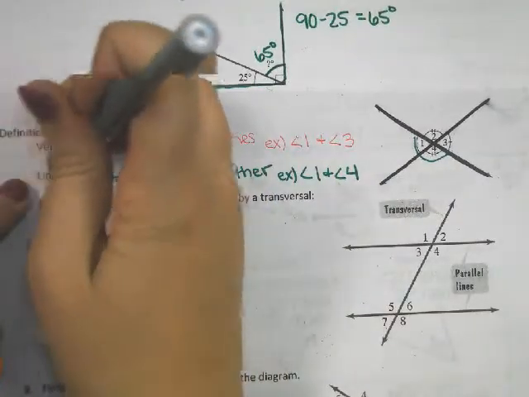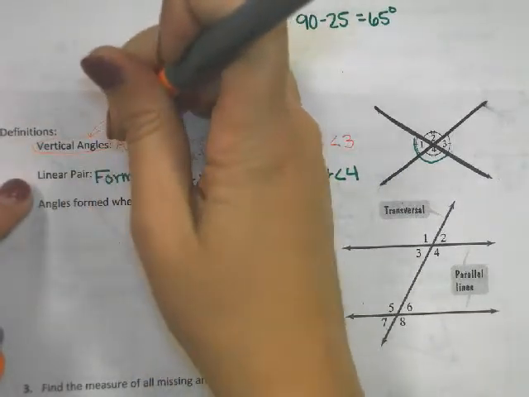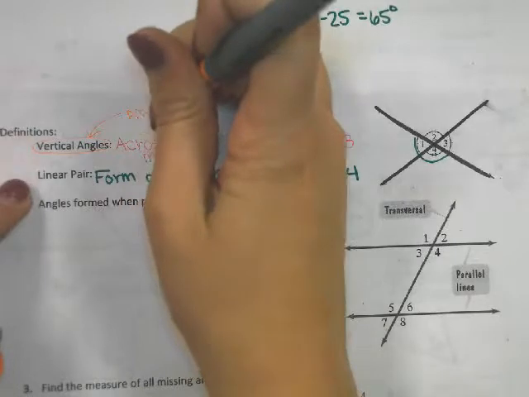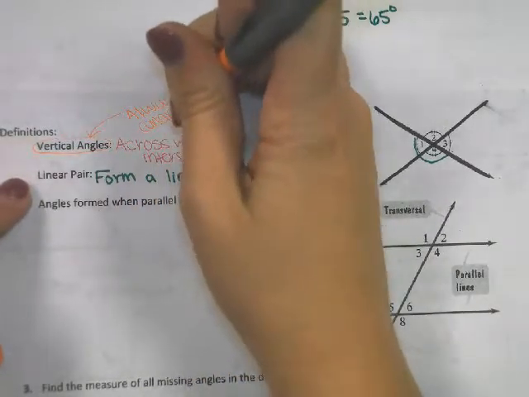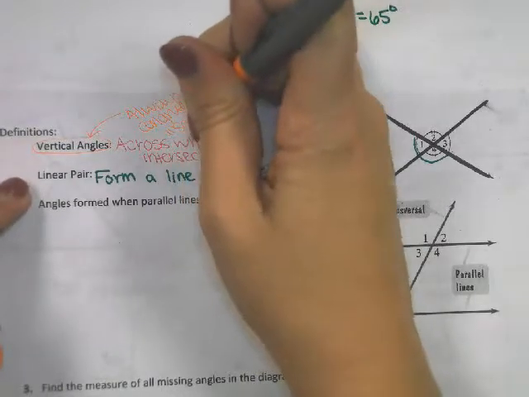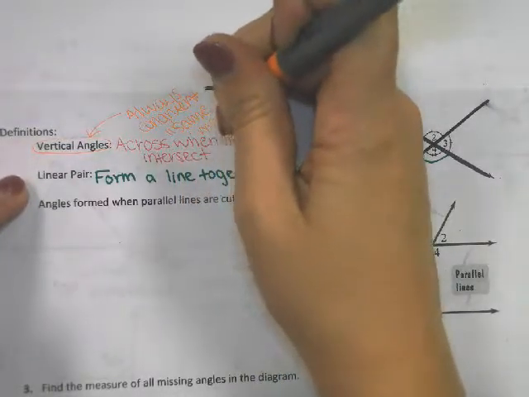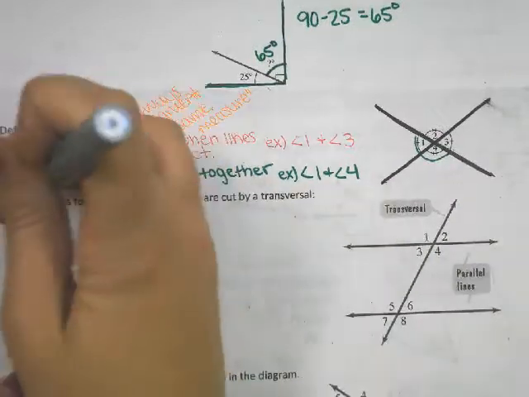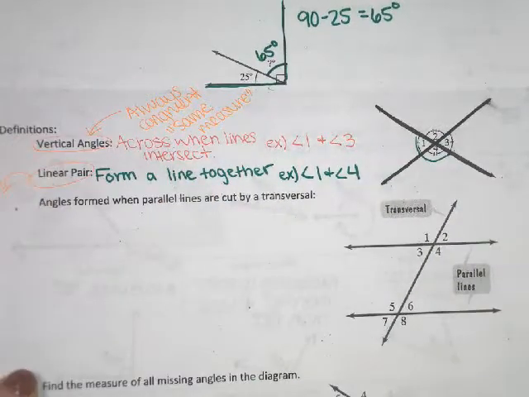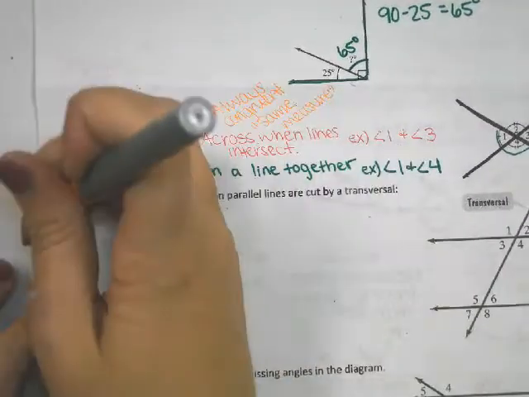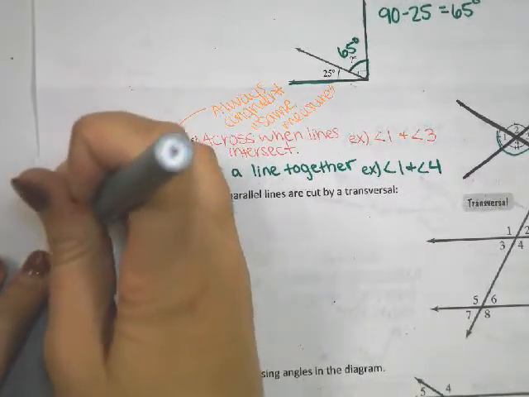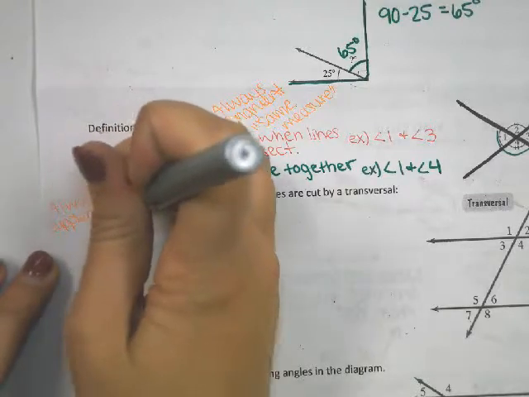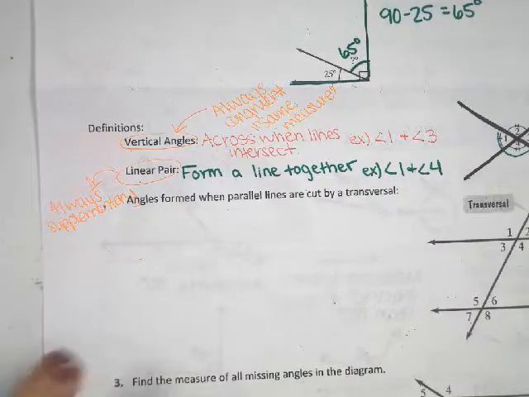Vertical angles are always congruent, which just means they have the same measure. And a linear pair are always supplementary, meaning that they add to 180 degrees.